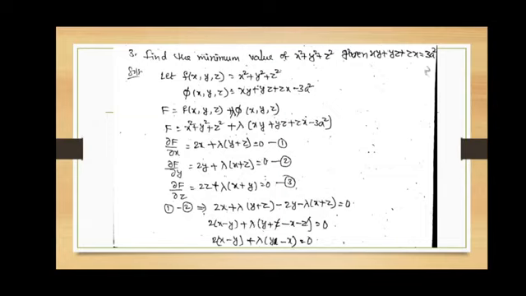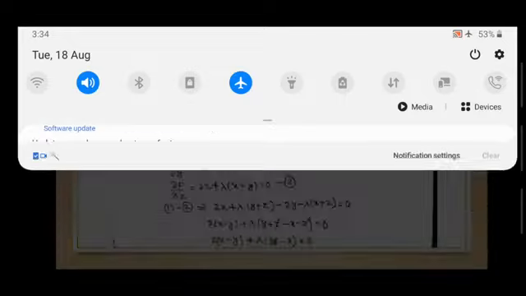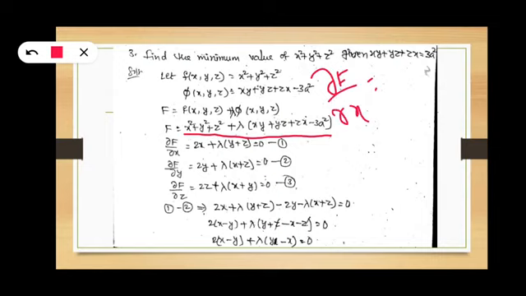So dou f by dou x is equal to, this is the differentiation, x square will be 2x, y square plus z square will be 0, plus lambda into xy.